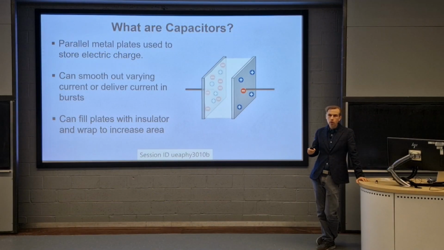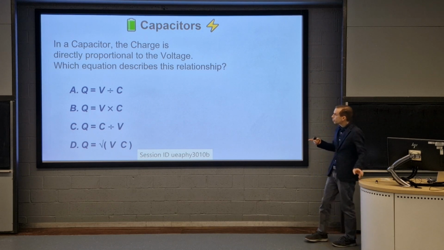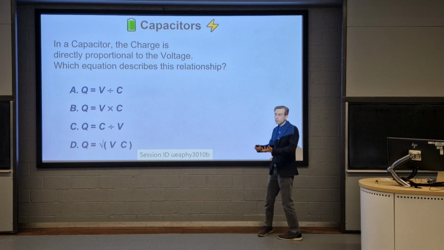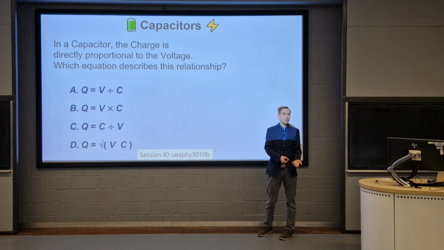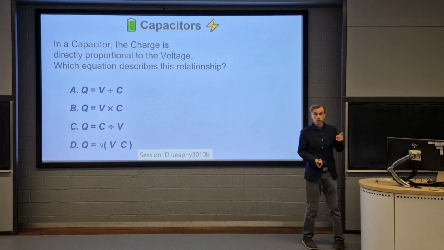Let's think about the physics of a capacitor, how we really define it from a physics point of view. In a capacitor, the charge is directly proportional to the voltage. So if we double the voltage that we're putting onto our capacitor, we're going to double the amount of charge that the capacitor is going to store. So similar kind of idea to the very first question we started with for resistors.